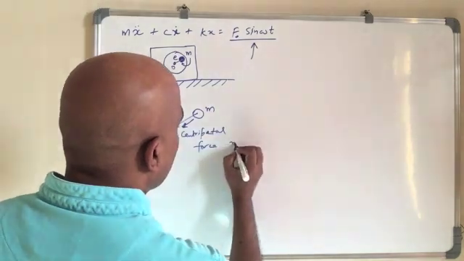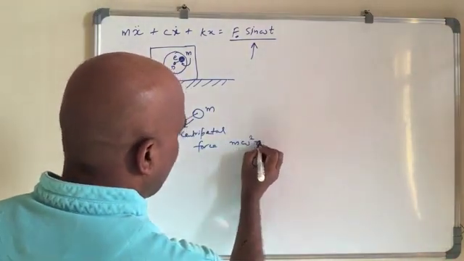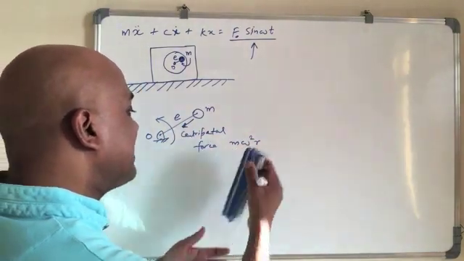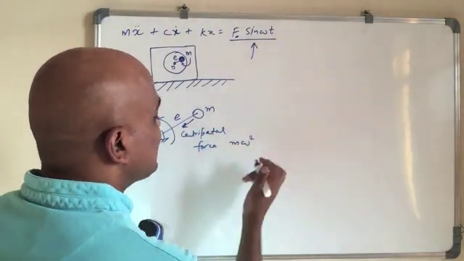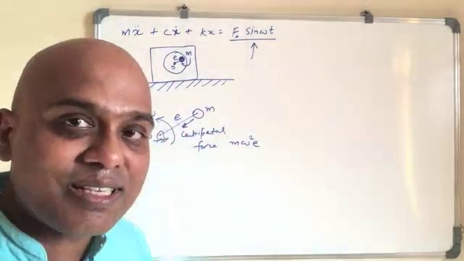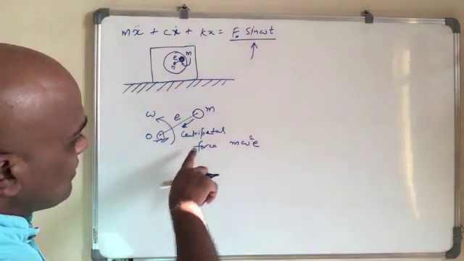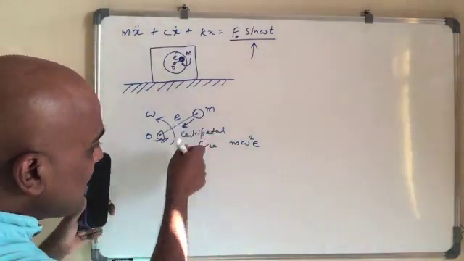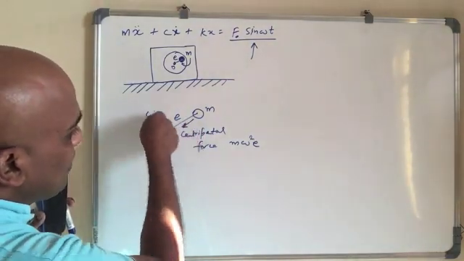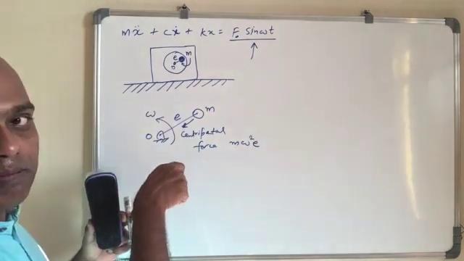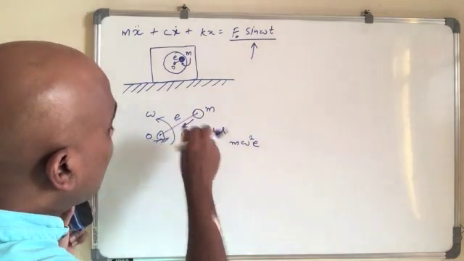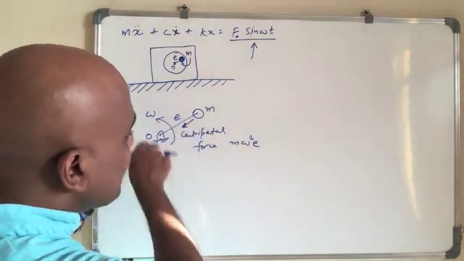It will be m omega square r, and in this case r is actually the eccentricity e, and omega is the angular velocity. So this much force you need to drive it with a constant omega.